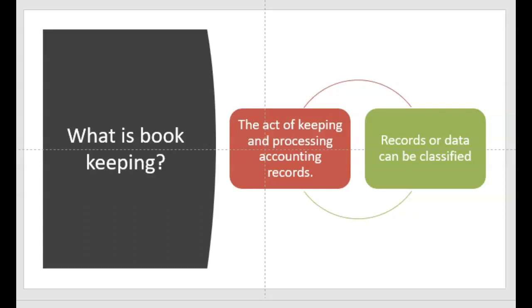The same thing with the sales invoices. You raise those invoices and then you categorize them. So bookkeeping is that data entry level, and it's an essential part of accounting, because without the information there, you will not be able to use that information to analyze, to decide, to report.